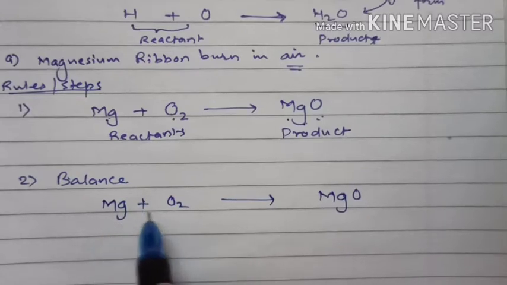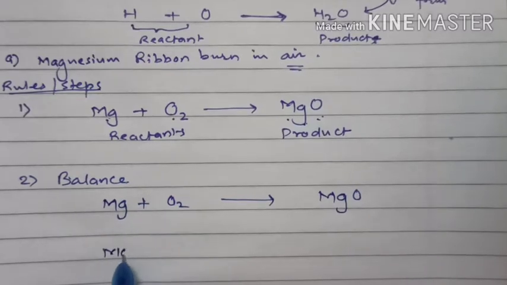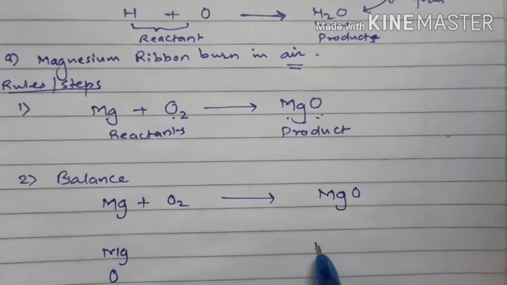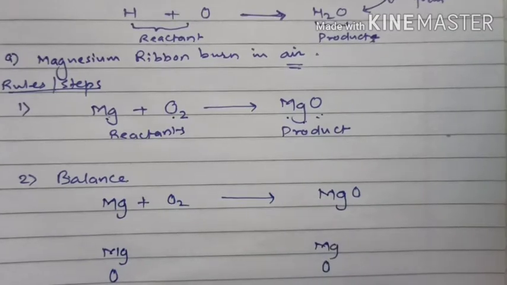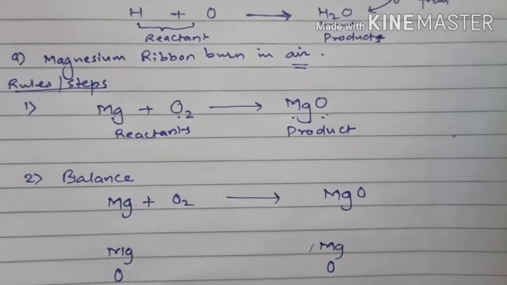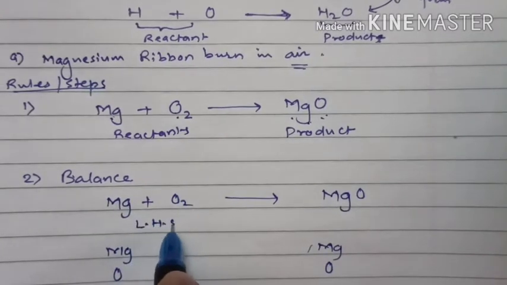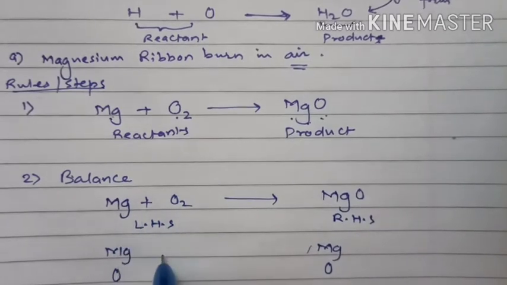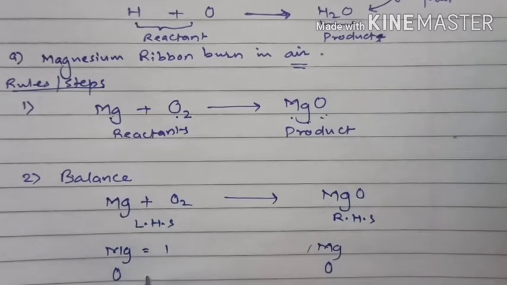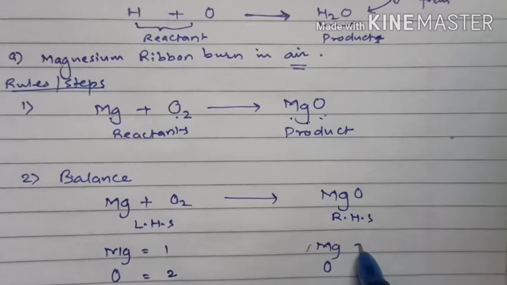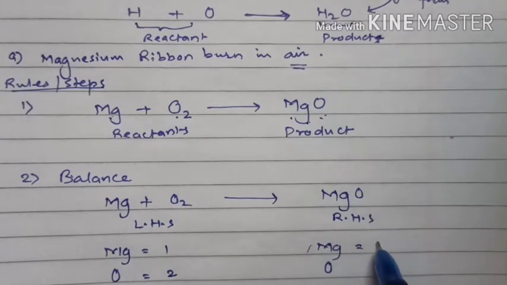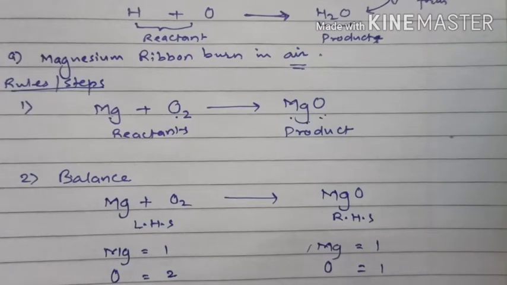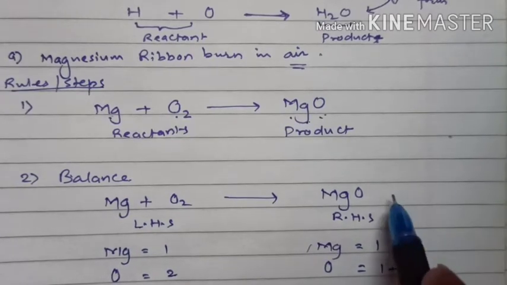This is the left hand side, and this is the right hand side. On the left hand side, magnesium atoms are 1 and oxygen atoms are 2, and on the right hand side, magnesium is 1 and oxygen is 1. To balance it out, we have to add 1 oxygen.